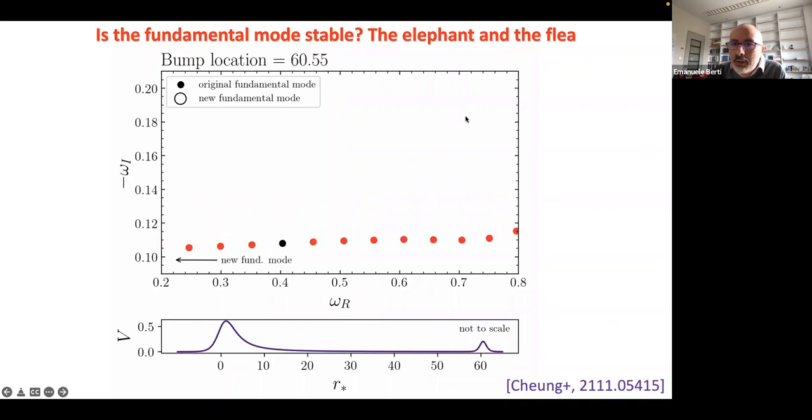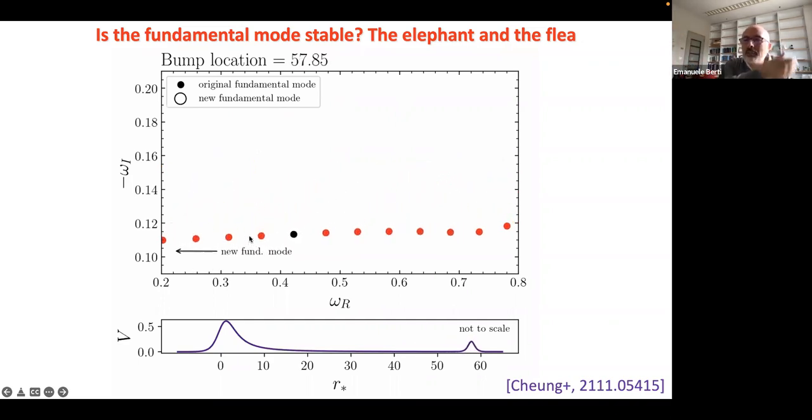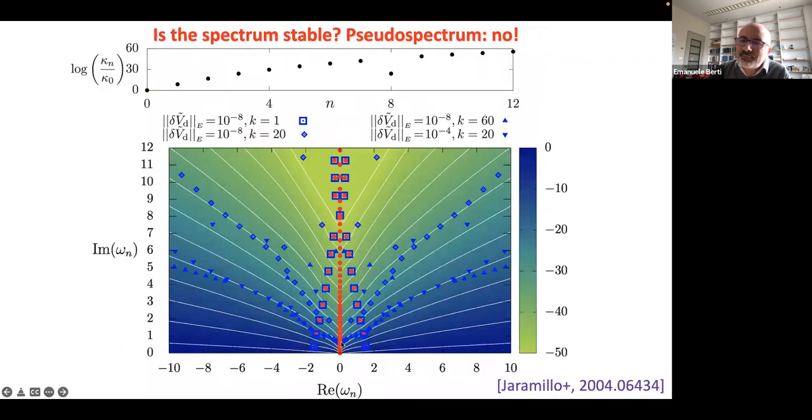Your black original mode keeps moving down, and down, and down. But at some point, it gets overtaken by the red modes that are appearing in between. You see that this mode is now the fundamental one, and then this, and then this. At some point, you have a jump, and the fundamental mode is somewhere here to the left. So the nature of your spectrum has changed completely, which is exactly what you are observing here.